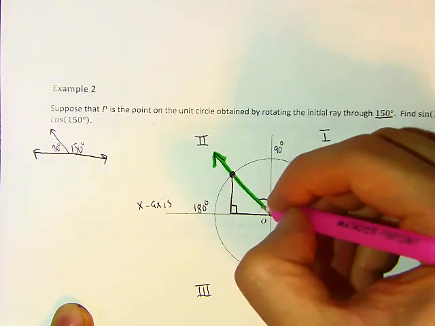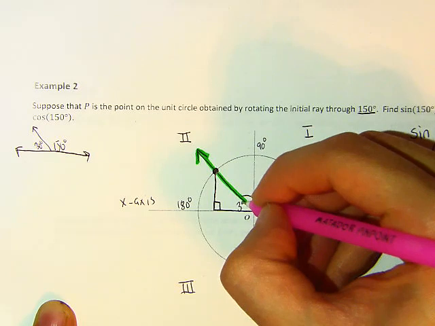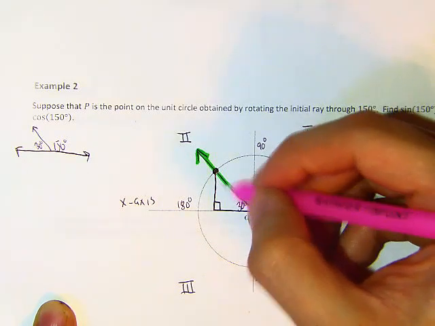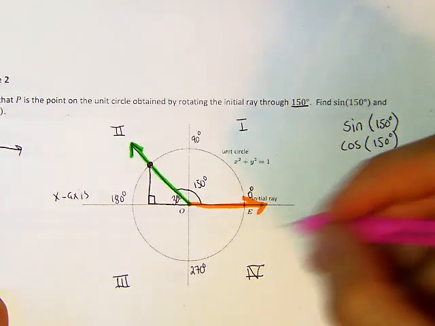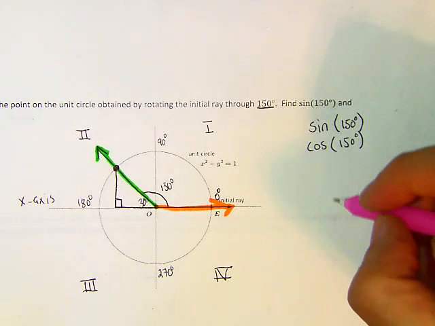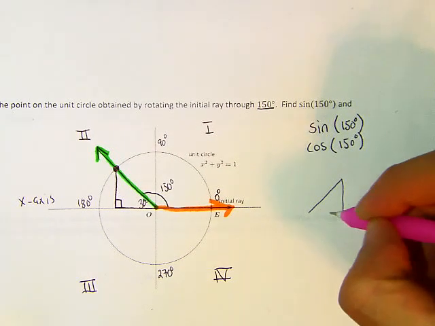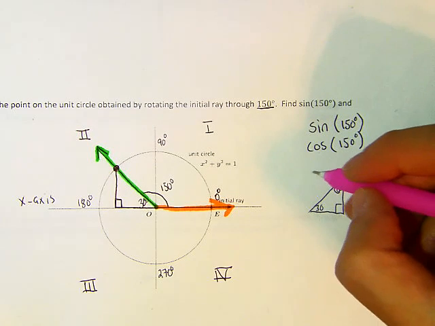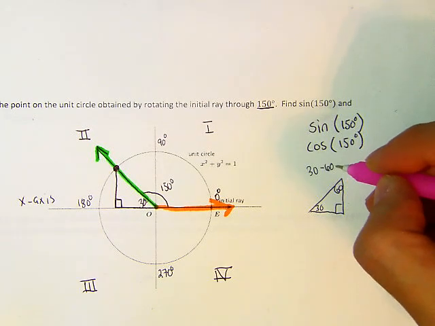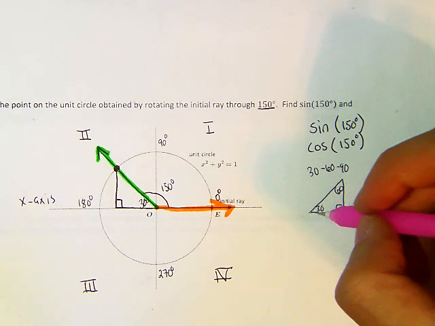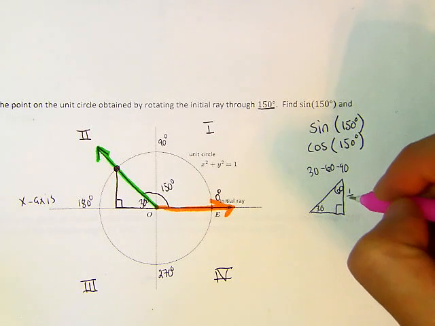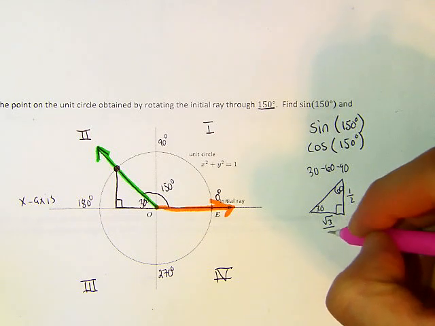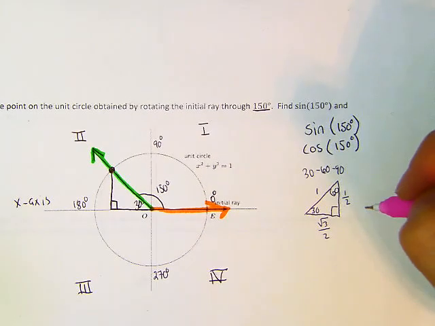And if this is 30 degrees over here, which triangle can we use? We could use our special triangles. Remember, these triangles are very important. This is the 30, 60, 90. Use the posters on the board, but this should be a half, this should be square root of 3 over 2, and this should be 1.